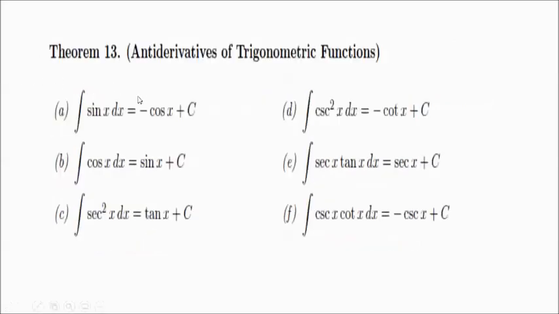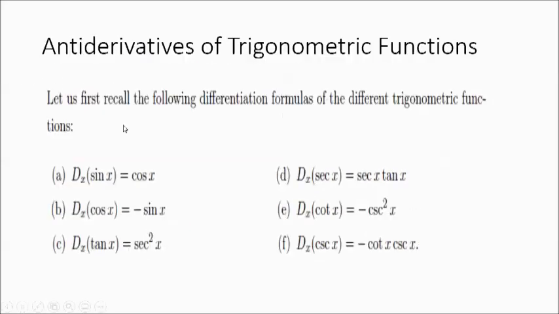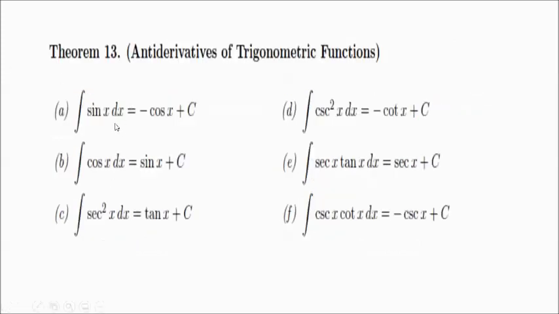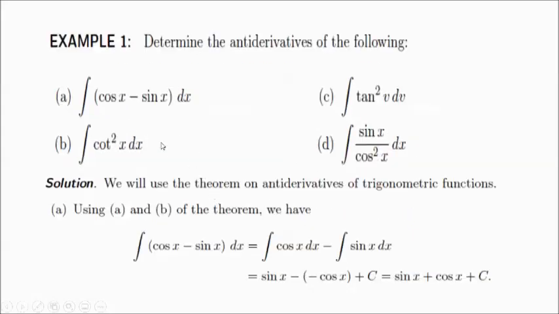So, here are the antiderivatives. So, again, they are just inverses. Okay? That is why integral of sine is cosine. Integral of sine is negative cosine, I mean. Then, etc. So again, formula.